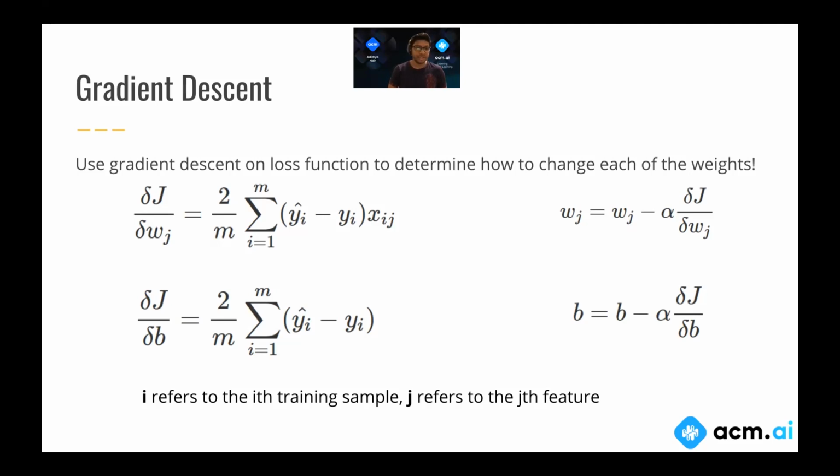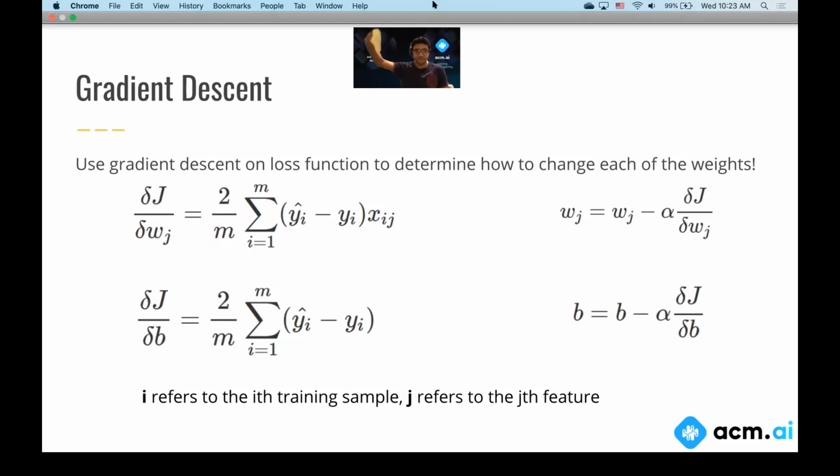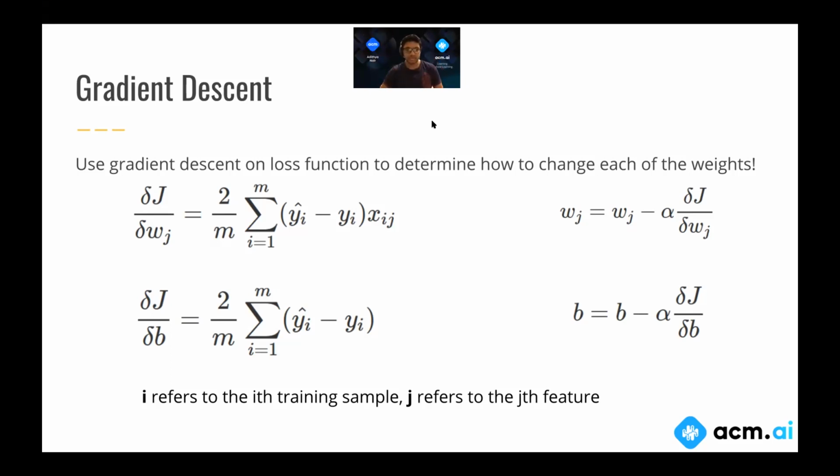When we differentiate that, we bring the 2 to the bottom, the exponent changes from 2 to 1, and then you have to differentiate what's inside the brackets. We know that y sub i is just the label, and that label is a constant, so that goes away. And y sub i hat is essentially a function containing all the different weights plus the bias of our model.